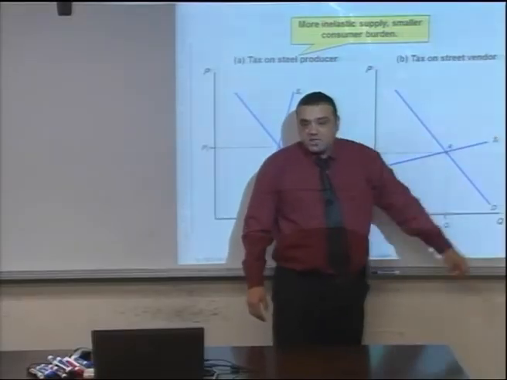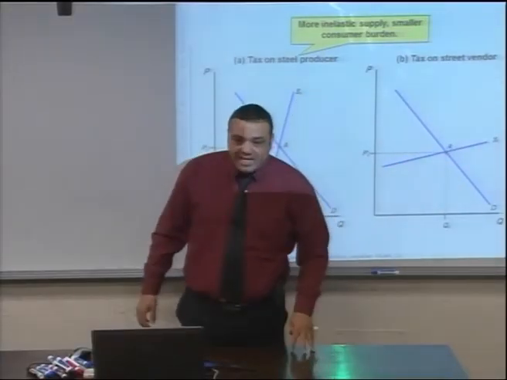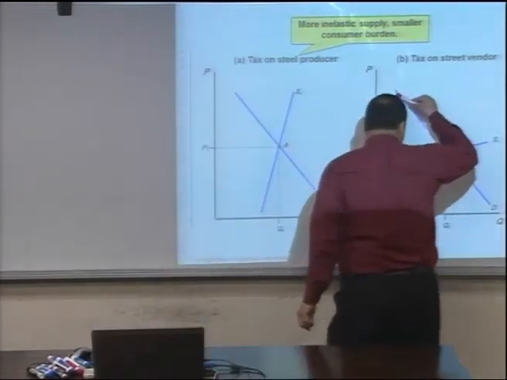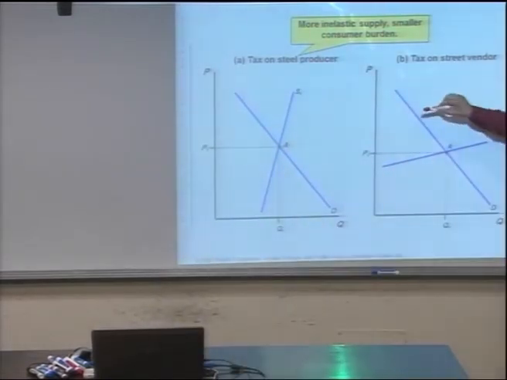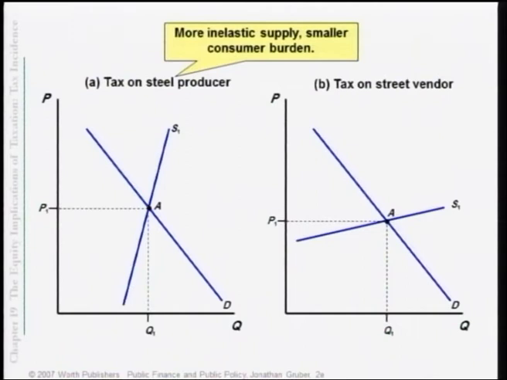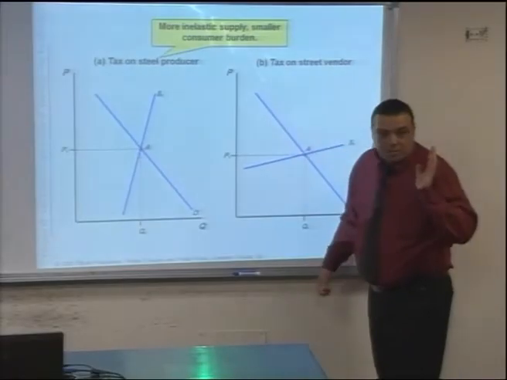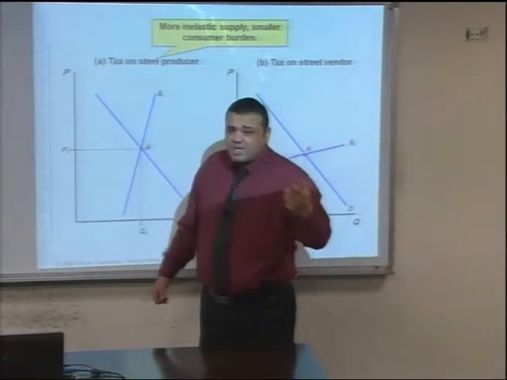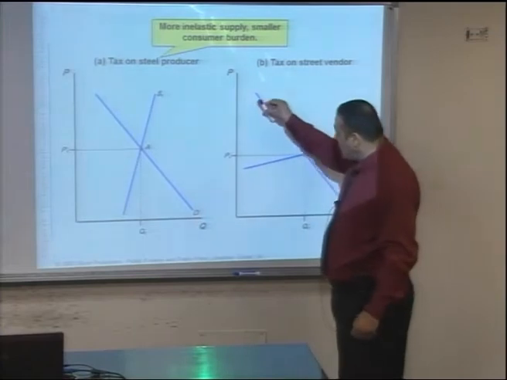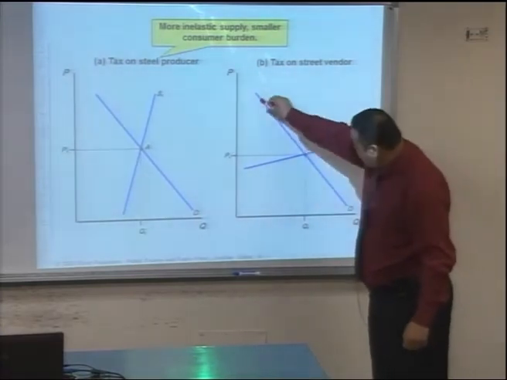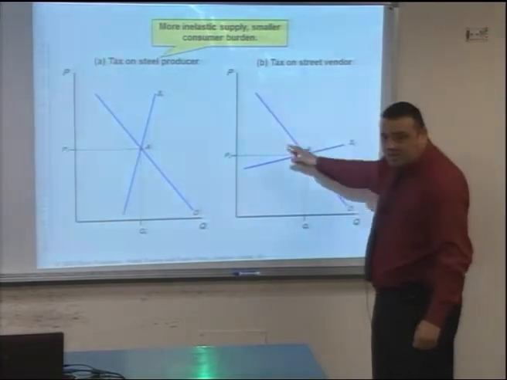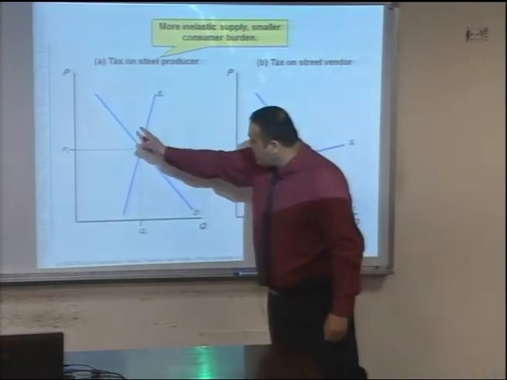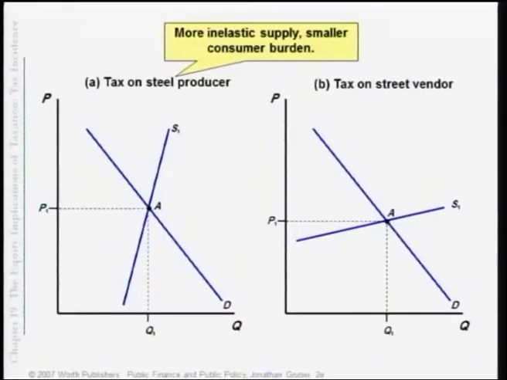Here we say that the supply is elastic and demand is neutral. When we want to determine the effect of elasticity of supply, we will deal with the demand curve as neutral, as unitary elastic. Here supply is elastic, demand is unitary elastic. Okay?